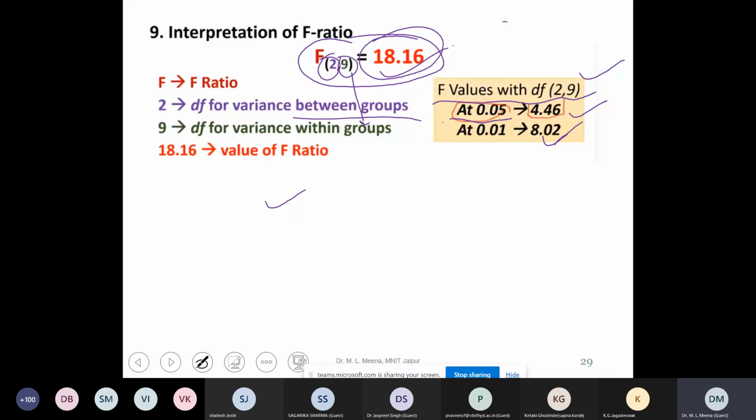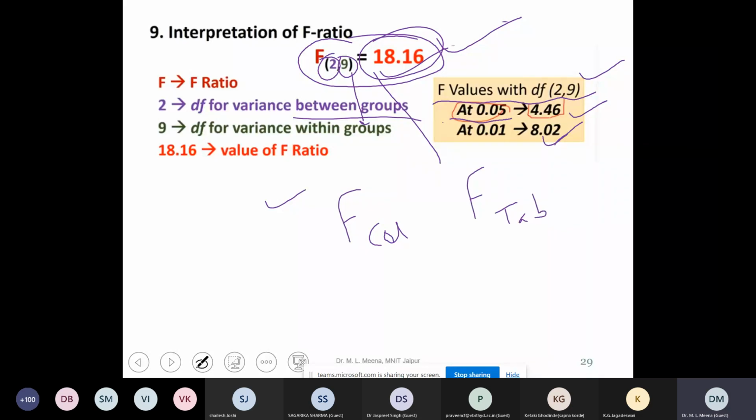Now compare tabulated value and calculated value. So we can see in this slide, this is the calculated F value and F tabulated value. Now we compare between the two values.